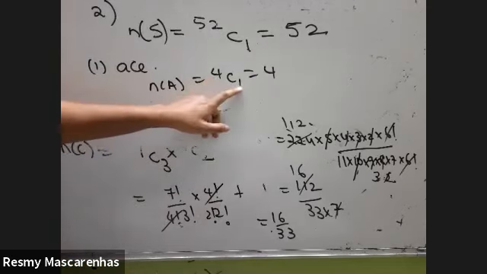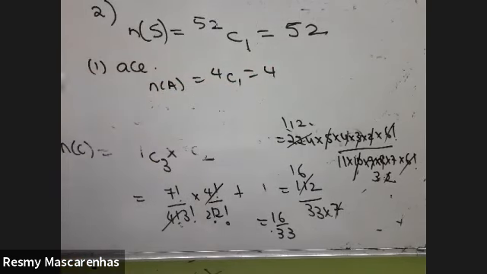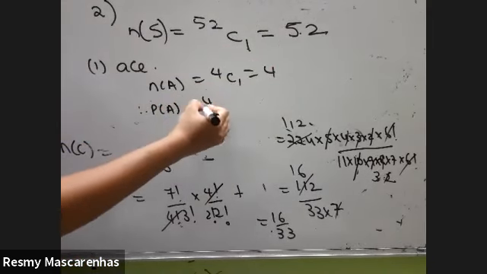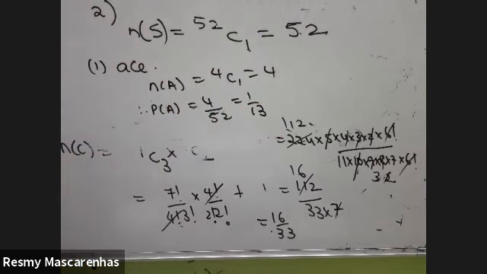From 4, if you are picking one, there are chances that one of the 4 aces would come up. What will be the probability? 4 upon 52. So 1 by 13 will be your answer. So 4 aces out of 52.